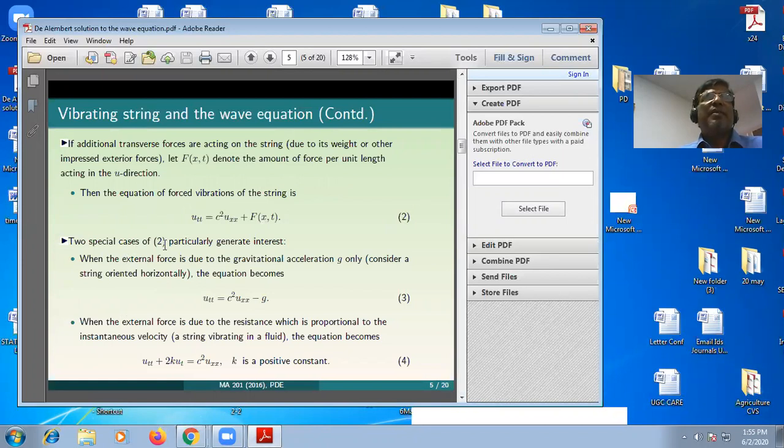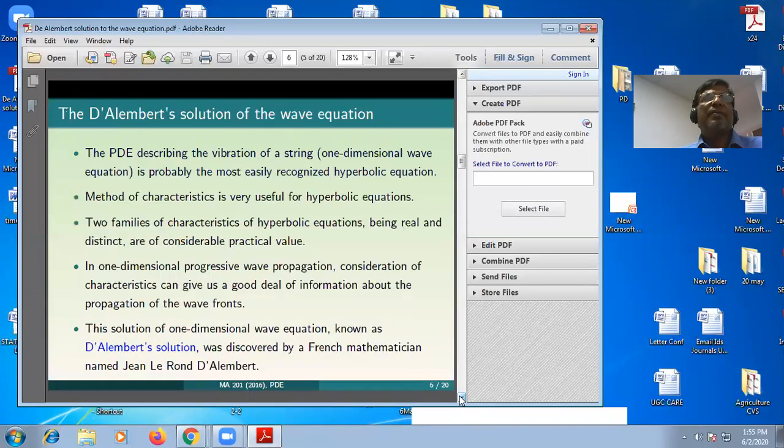Two special cases are of particular interest. You have to keep this in mind. The partial differential equation describing the vibration of a string is probably the most easily recognized hyperbolic equation. For objective purposes, you should remember that this is a hyperbolic equation.